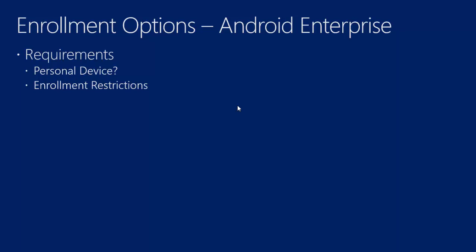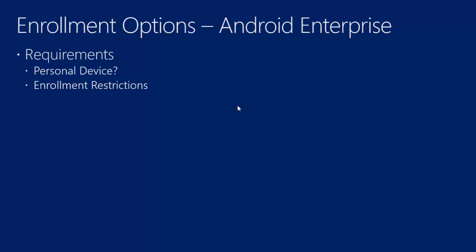If you want to restrict the ability for a device to enroll in Android Enterprise, then you can actually do that. So all Android devices, including those that support work profiles, said another way, could actually be enrolled as conventional Android devices.